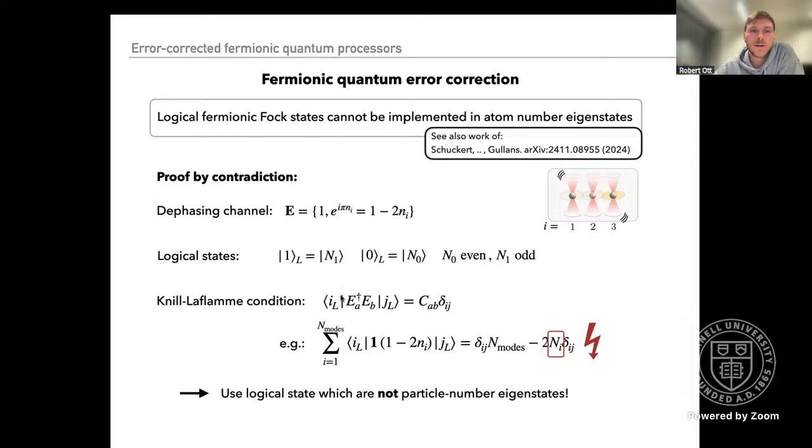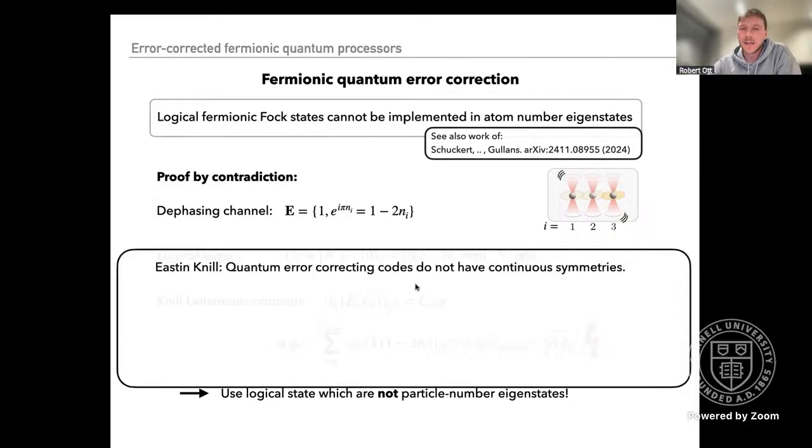So if you now write down your error correction conditions and you plug in, for example, for this one, you pick the 1, here you pick a dephasing operator, and then you sum over all the modes, then you would find that your right-hand side is actually explicitly dependent on which n you use. And it's explicitly dependent here on the index of the logical state that you're probing. So it's not true that this is fulfilled. So the C will be i dependent. And therefore you see it's a contradiction.